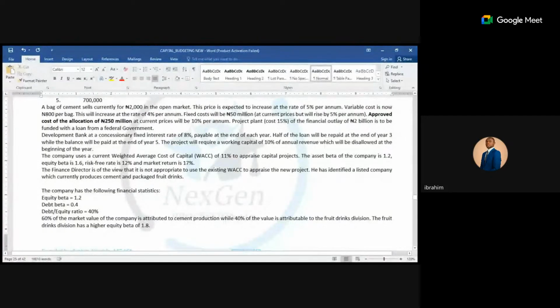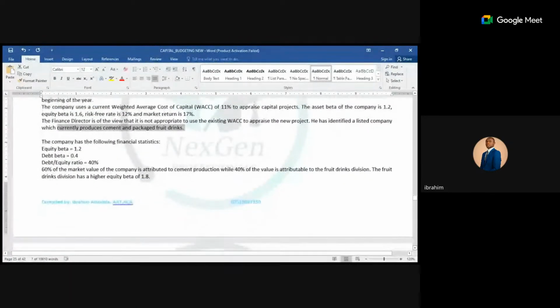Now, he has identified a listed company which currently produces cement and packaged food. What we need here is that they want to go into the production of cement, and they have identified a similar listed company that produces cement and packaged fruit drinks.